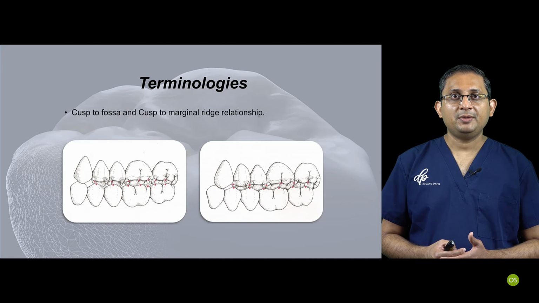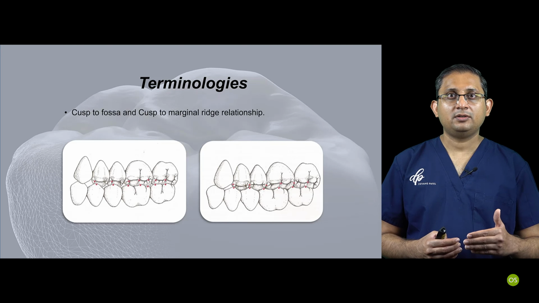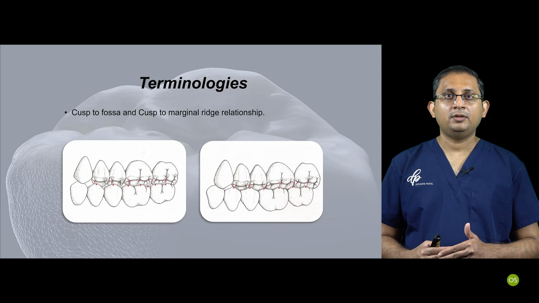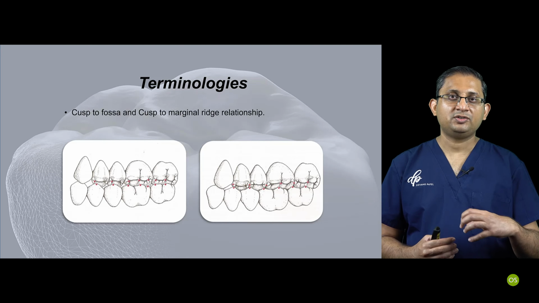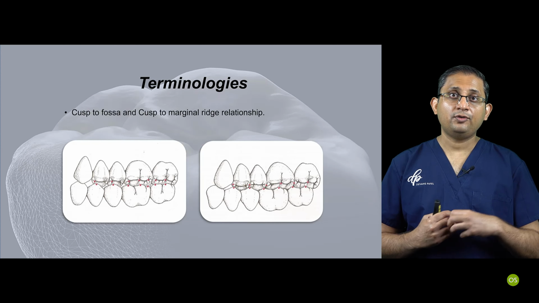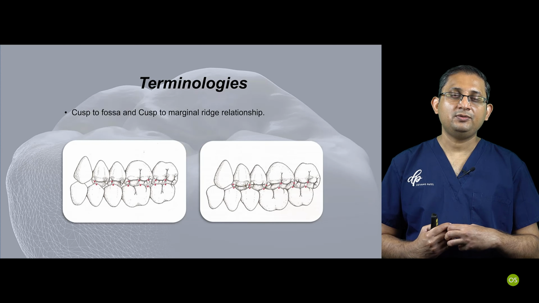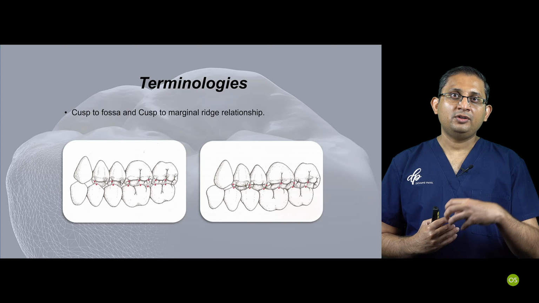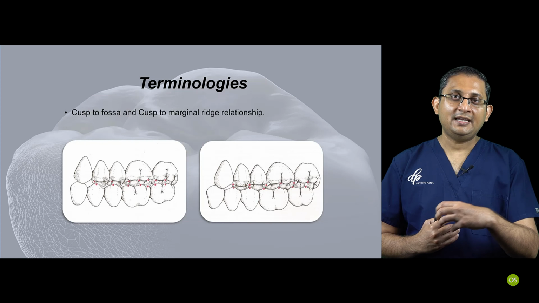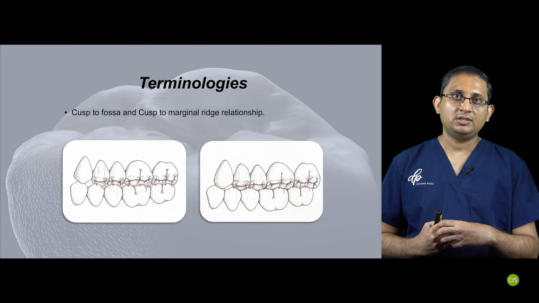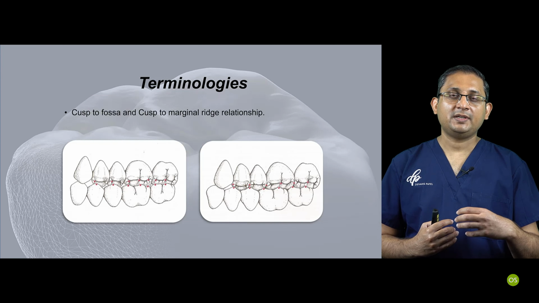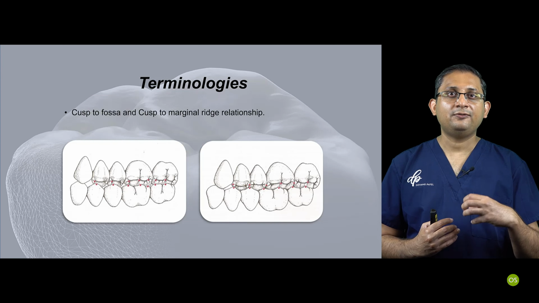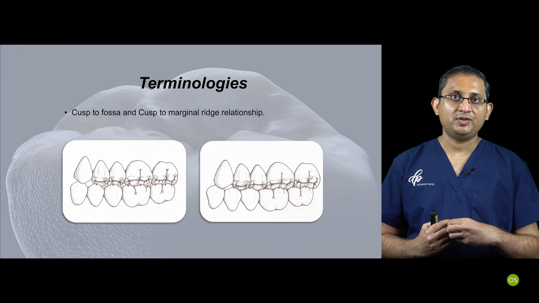The other relationship of the cusp to the opposing tooth is that the cusp is either going into the fossa of the opposing tooth, or landing on the marginal ridge or in between marginal ridges. Now, if the cusp is going onto the fossa, then the forces are much better distributed.